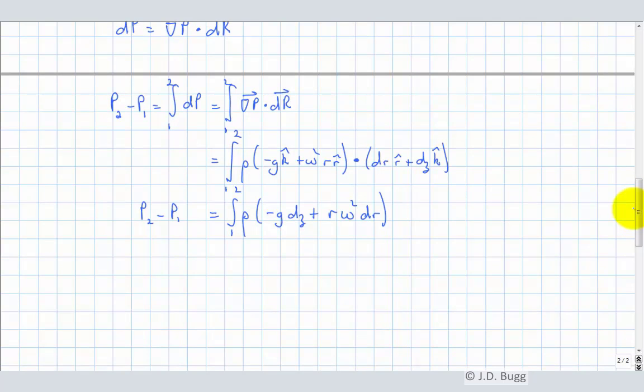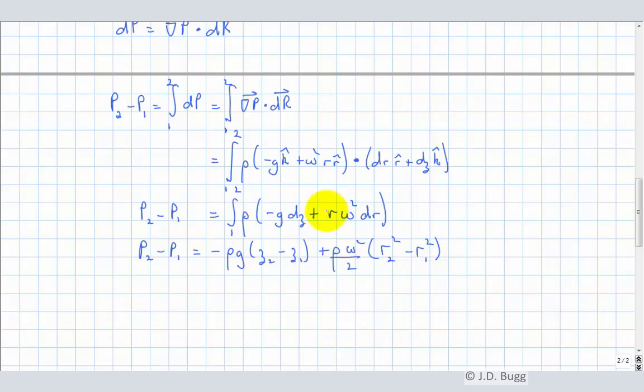So we have yet to do the integration here, but we can do that now after we've done the dot product. So this is just going to be minus rho g times z2 minus z1. And the second term is going to be plus rho omega squared over 2 times r2 squared minus r1 squared.